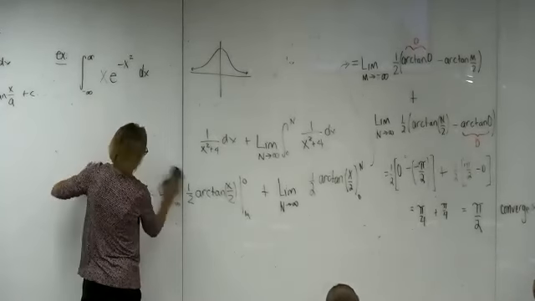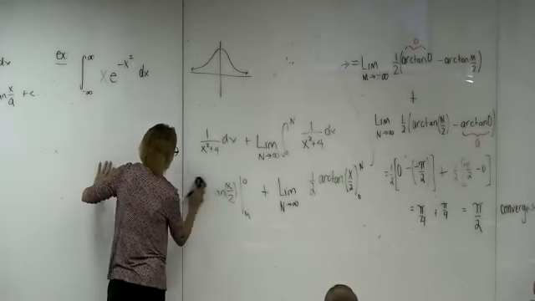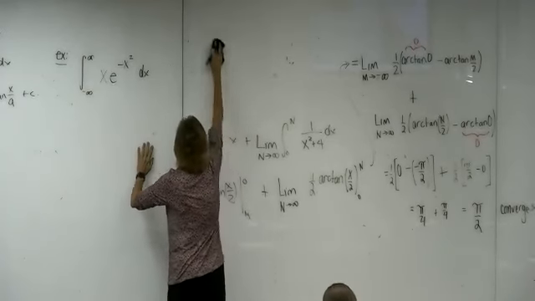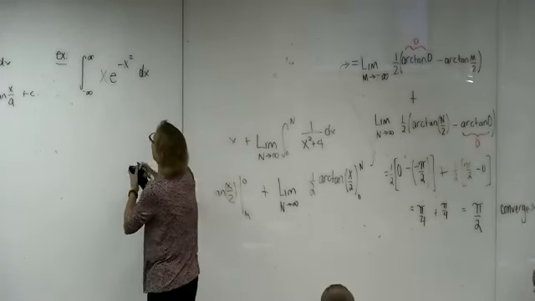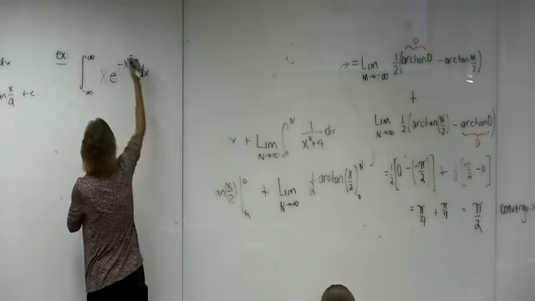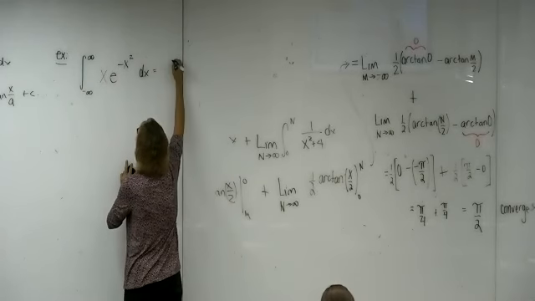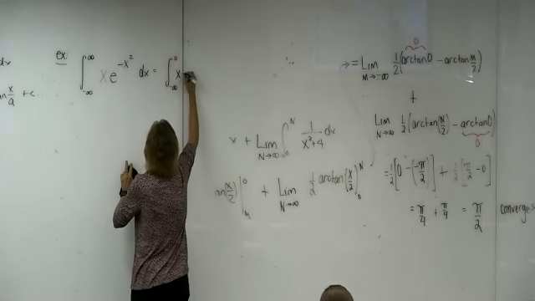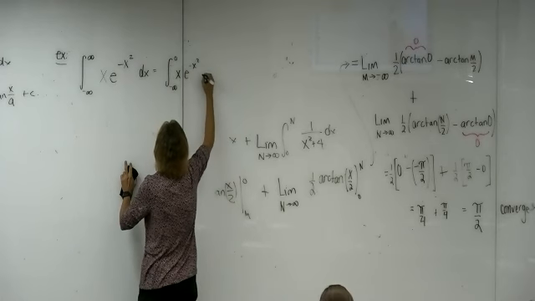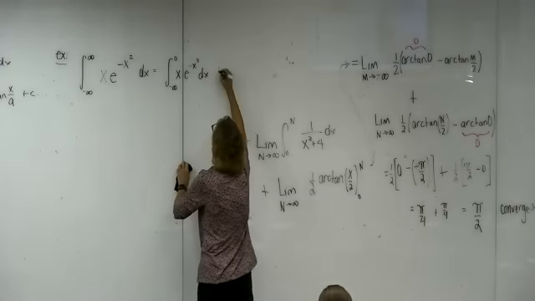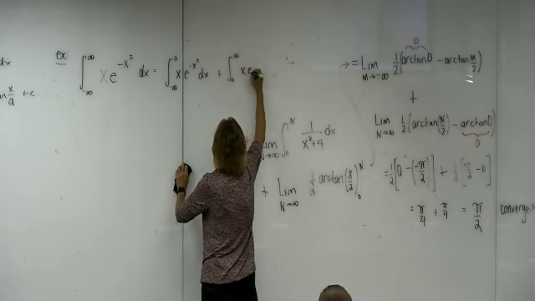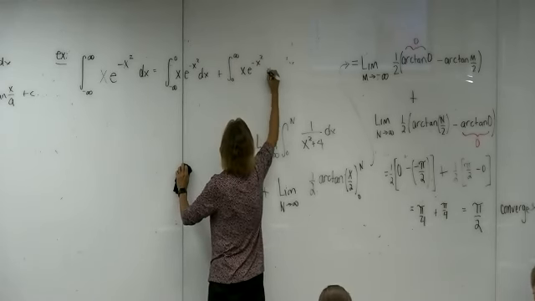But because both limits on the integral sign are infinite, we've got to break that up around some point in between. Doesn't have to be smack dab in between, but zero is a convenient enough point. So start the same way by integrating from minus infinity to 0 of x e to the negative x squared. And then integrate from 0 to plus infinity of x e to the negative x squared.